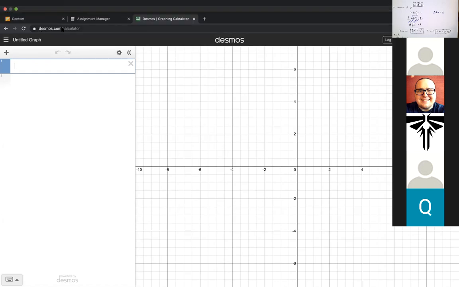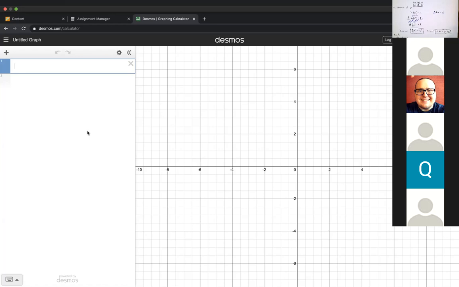It's desmos.com. It's a free online graphing calculator. It can do pretty much everything that a TI-84 can do, and maybe do it a little bit better since it's not a clunky old calculator.